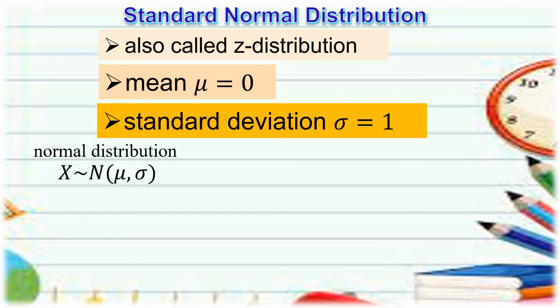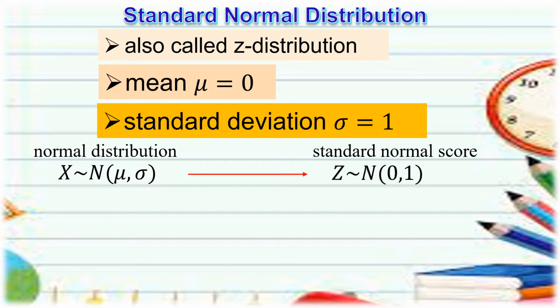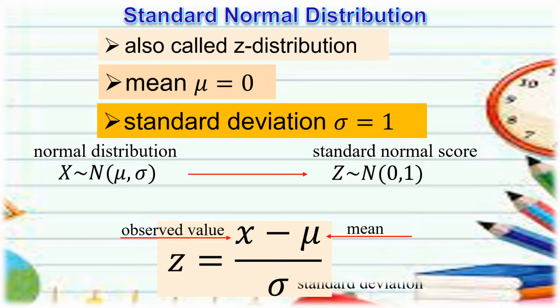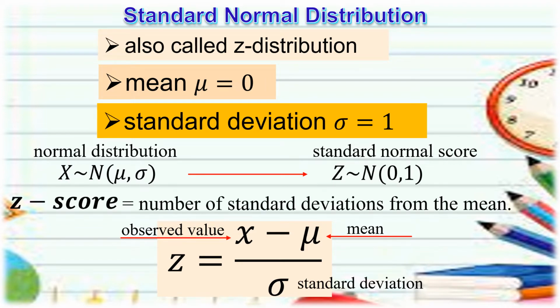Under a normal distribution x, we convert to a standard normal score, the z-score, using the formula z equals x minus mu over sigma, where x is the observed value, mu is the mean and sigma is the standard deviation. Always remember that the z-score is the number of standard deviations from the mean.